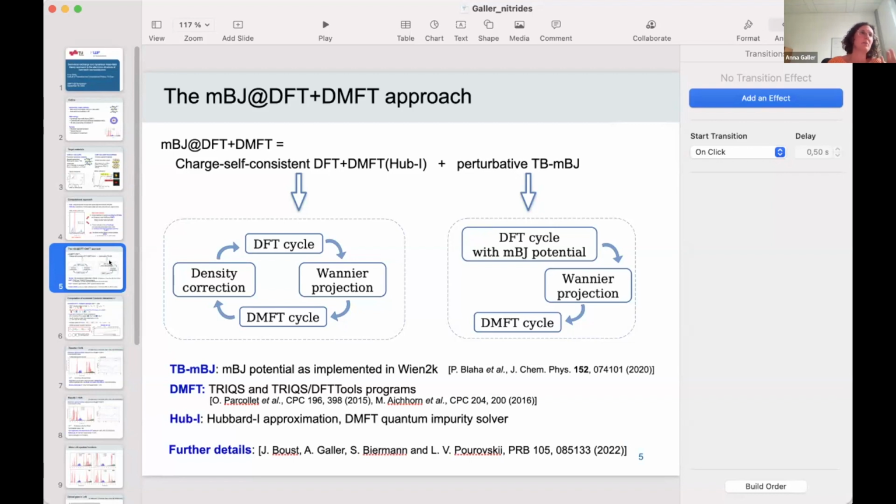So from this perspective, it's also justified to do it just as a one-shot correction for the gaps, and not do a charge self-consistency. Okay, so it's a matter of it not being a functional. Yeah, that makes sense. There are two justifications for doing this. First, because it's known from previous works that it gave better gaps when you do it only perturbatively, and also because it's not a functional. Thank you.